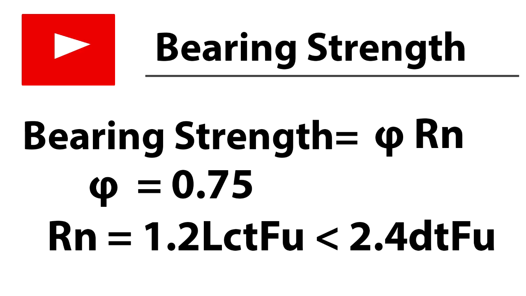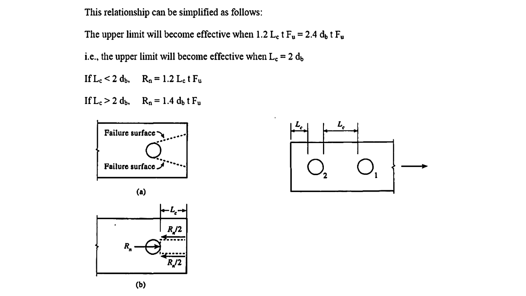This relationship can be simplified as 1.2 Lc t Fu = 2.4 d t Fu, therefore Lc = 2d. Now, if your Lc is less than 2d, your Rn is equal to 1.2 Lc t Fu. But if your Lc is greater than 2d, your Rn is equal to 2.4 d t Fu.